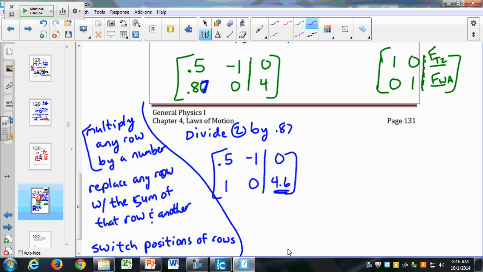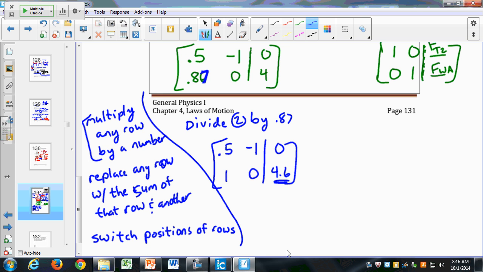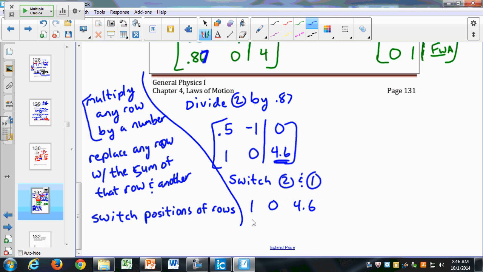All right, now I'm going to switch row 2 and row 1. So I'm just going to do 1, 0, 4.6, and 0.5, negative 1, 0. I'm going to switch those two rows.